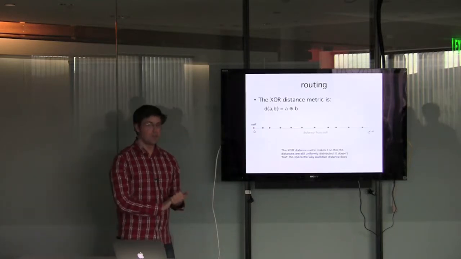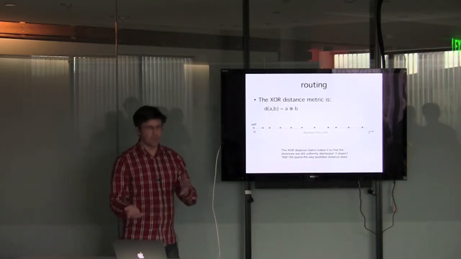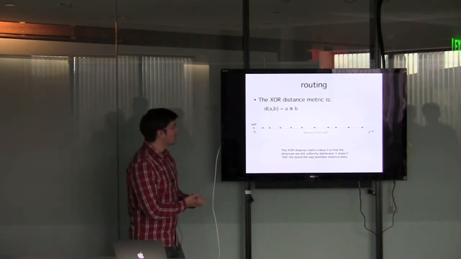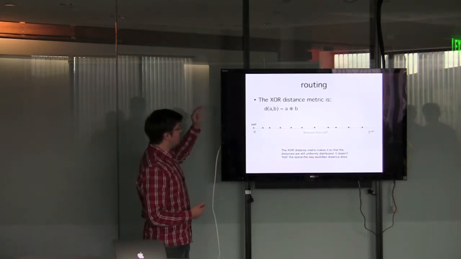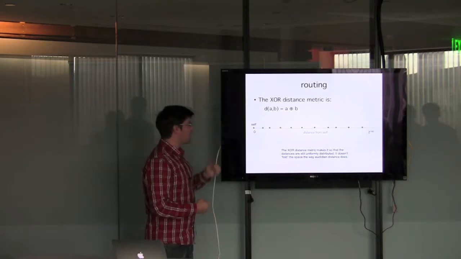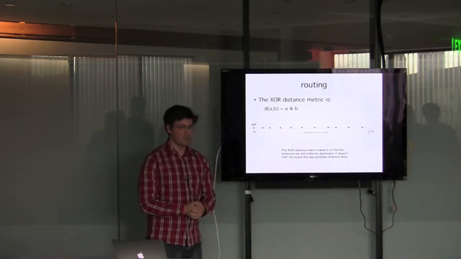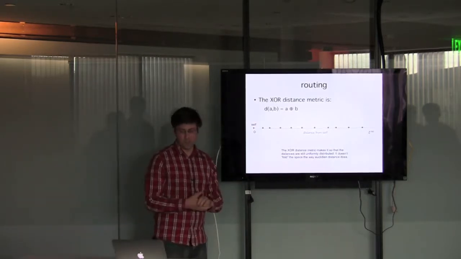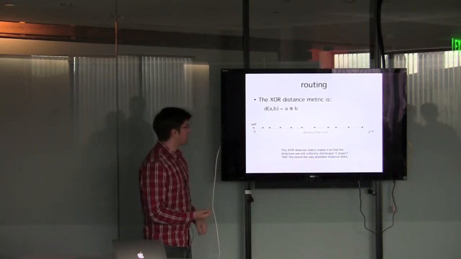Instead, Kademlia, I guess I haven't actually introduced the name of this kind of DHT. It's called Kademlia. The DHT uses an XOR distance metric, which can be a little bit unintuitive. It is, in fact, quite unintuitive. It turns out that it works well.